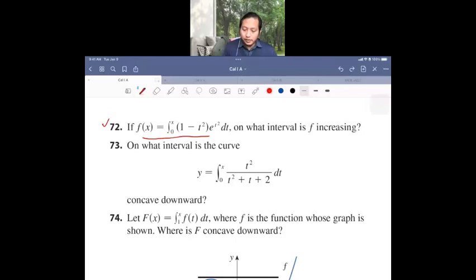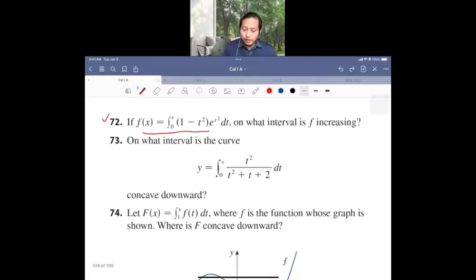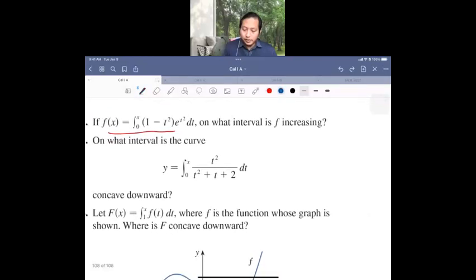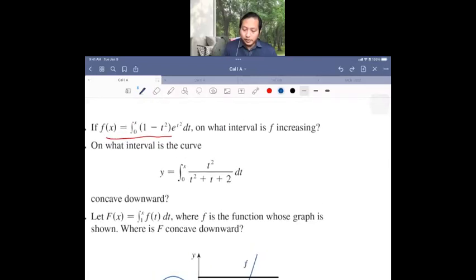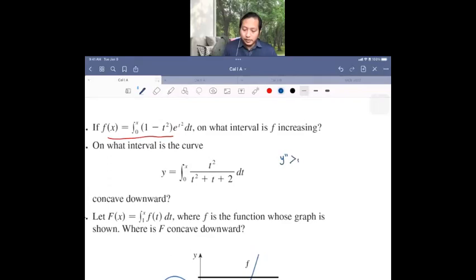Okay, so now concavity is determined by the second derivative, right? So we have the second derivative. It can be positive, it can be negative.